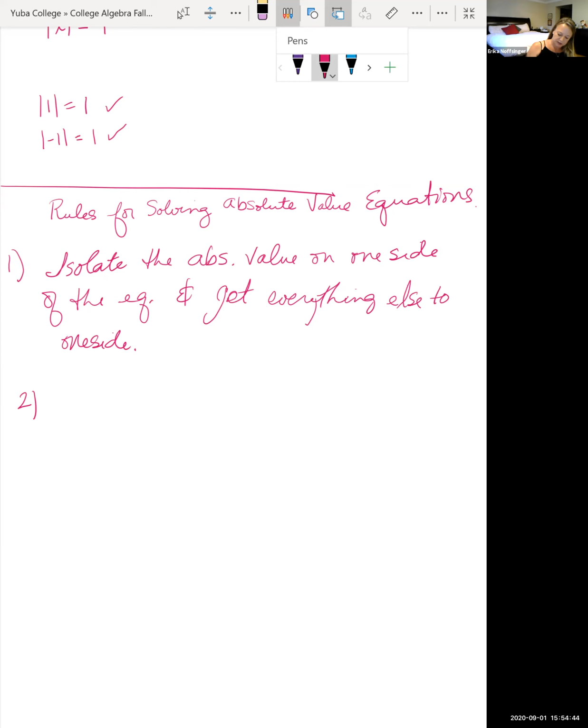So drop the absolute value by writing two separate equations.